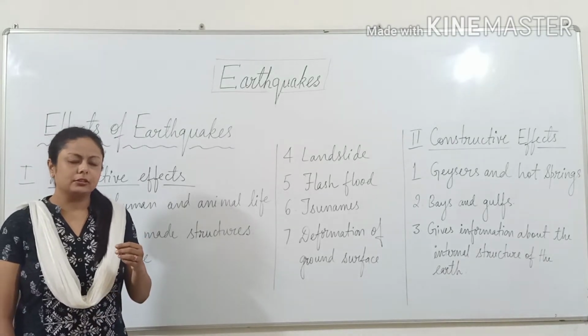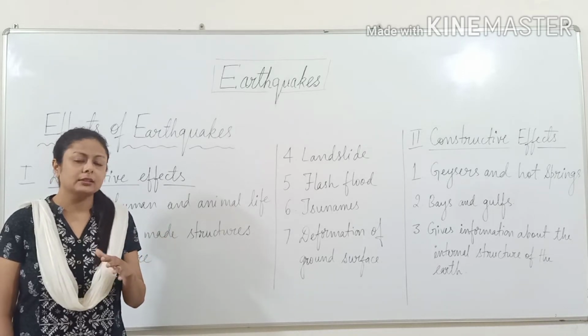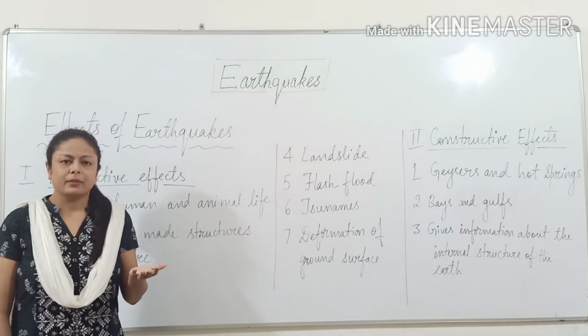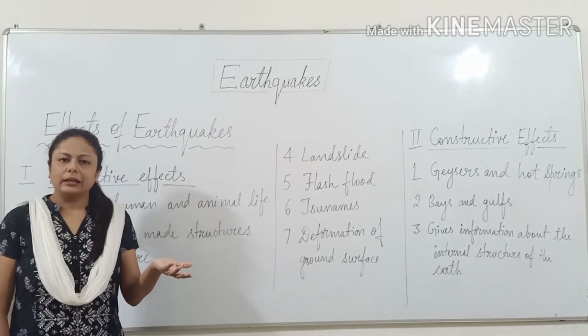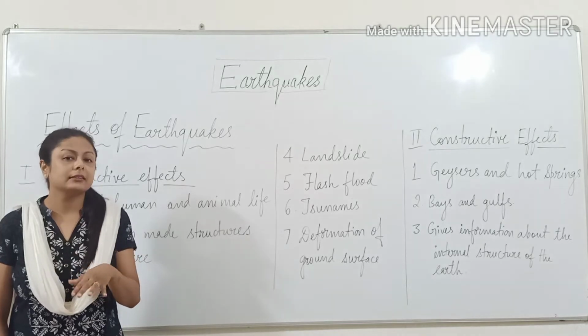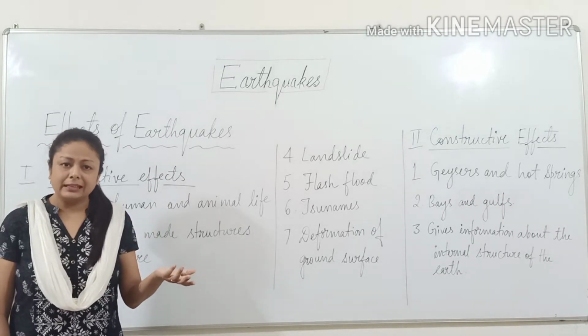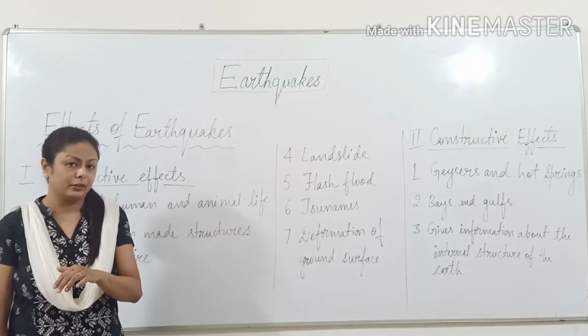Earthquake is not of fiery origin, but when an earthquake occurs, especially in urban areas, the oil and gas refineries, the gas pipelines, or the cylinders in the houses, due to the breaking of the houses, the cylinders often blast, and this leads to fire.